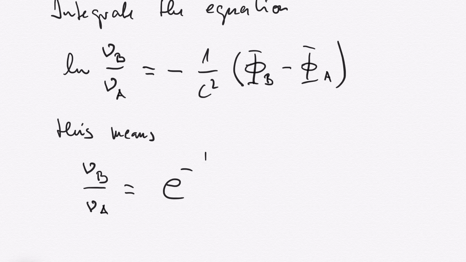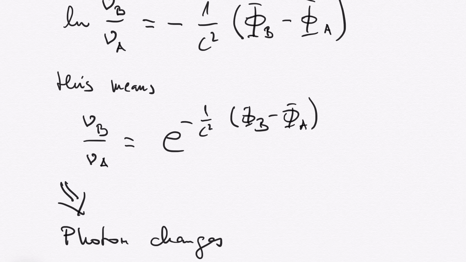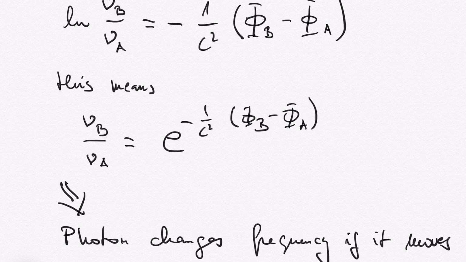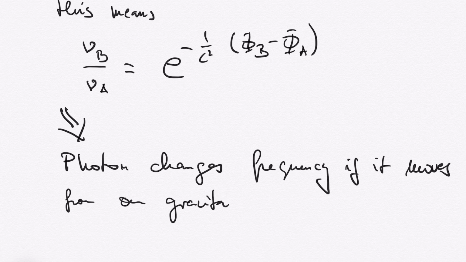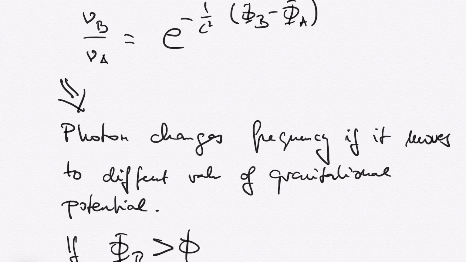So frequency at the place B divided by frequency at the place A is given by this right hand side, which means that if at the place B the potential is higher than at place A, then at the place B the frequency of the light will be lower.